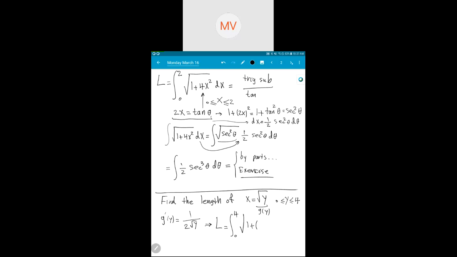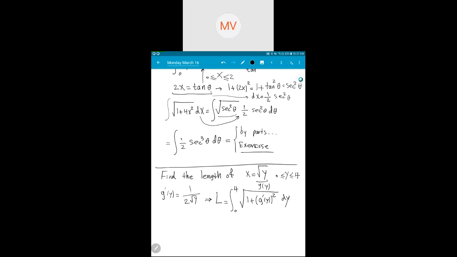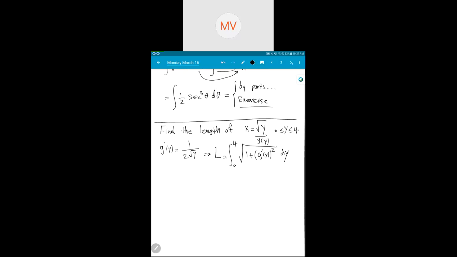It was 1 plus g prime of y squared, and then dy. Then L becomes, so 0 to 4, 1 plus 1 over 2 root y squared, and dy.